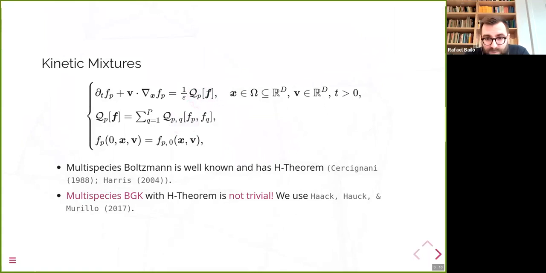So the model I'm following today is by Haack, Hauck, and Murillo, 2017. So you see this is relatively recent. The idea is to replace these collision operators here by BGK type collision operators. So for every pair of species, you define a Maxwellian. Between 2 species, there will be a relaxation velocity and a relaxation temperature, which will give you 2 Maxwellians, 1 for each species.